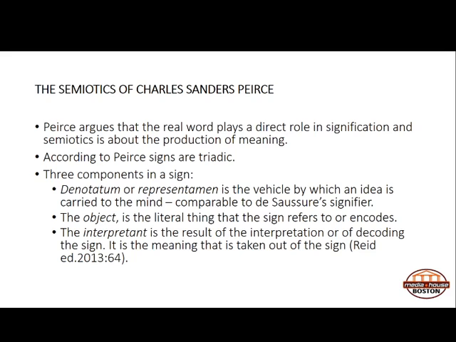So the interpretant is the result of the interpretation, of the decoding of the sign. Okay, so that is the abstract concept that is sitting in between those two. It sits in between the denotatum and the object. And it's the abstract concept that is drawn from the person that is decoding the message, decoding the sign.